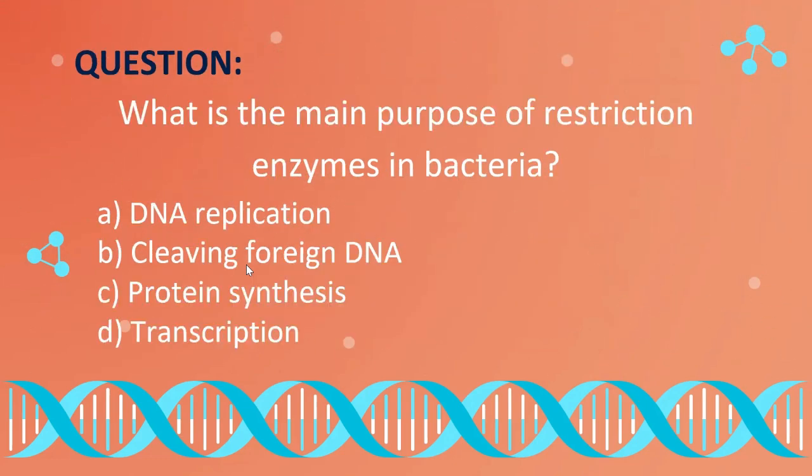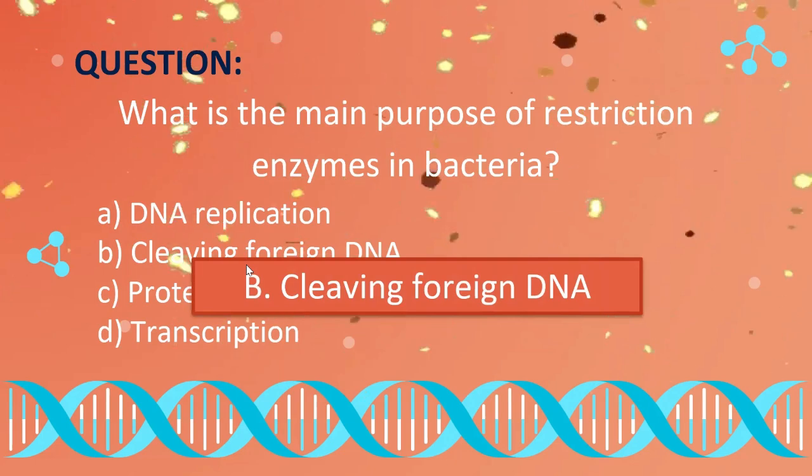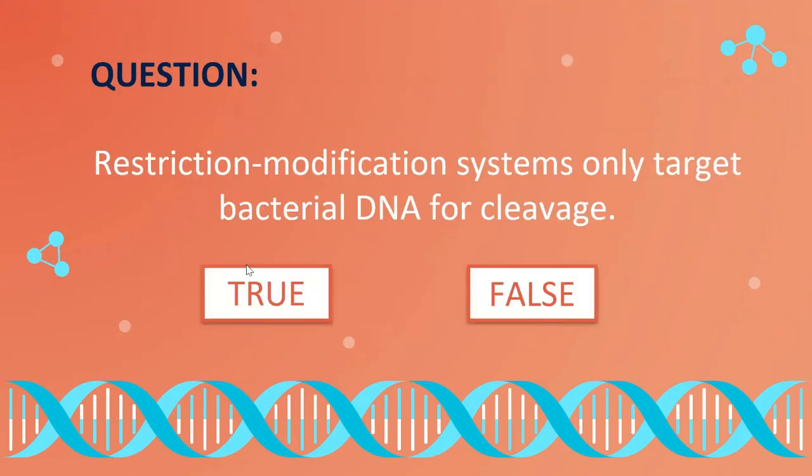Okay. Another question. What is the main purpose of restriction enzymes in a bacteria? A, is it for DNA replication? B, cleaving foreign DNA? C, protein synthesis ba? D, transcription? So the correct answer here is letter B, cleaving foreign DNA. Okay?